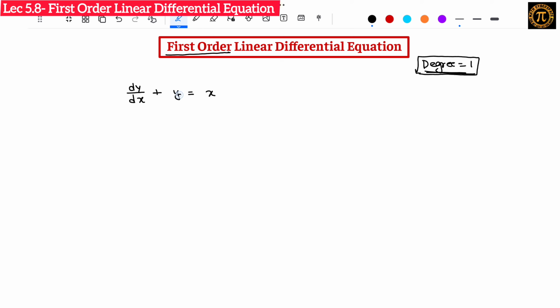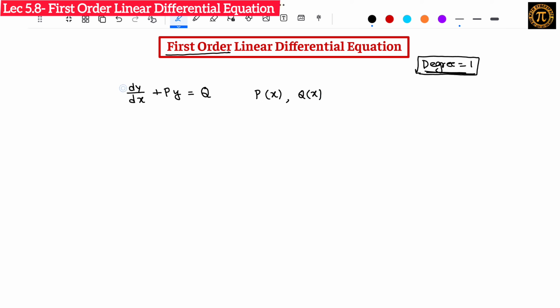Now it is possible that there is some coefficient with y. Let's say the coefficient is capital P, which may be x squared, e to the power x, anything, so I am taking it as an arbitrary function of x. Let's say this other term is capital Q. So P is a function of x or any scalar number, and similarly Q is a function of x or any numerical value.